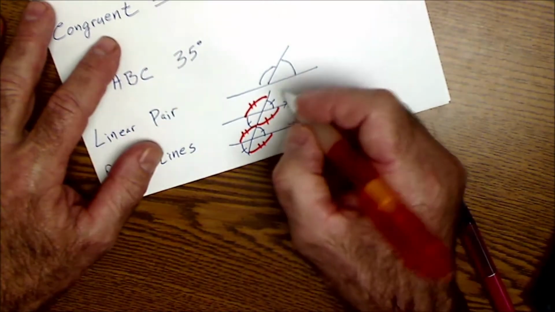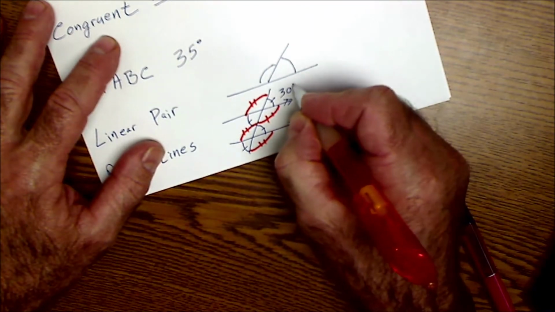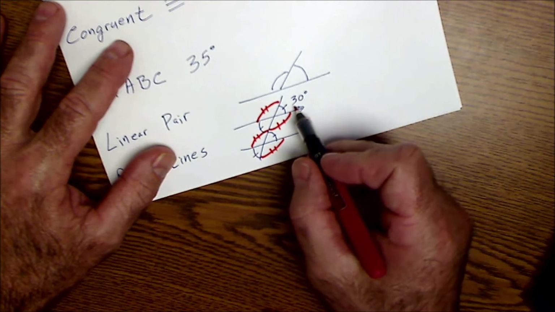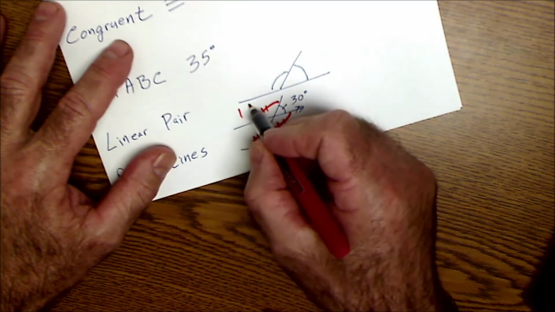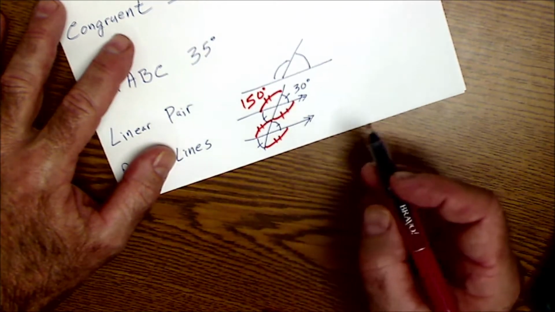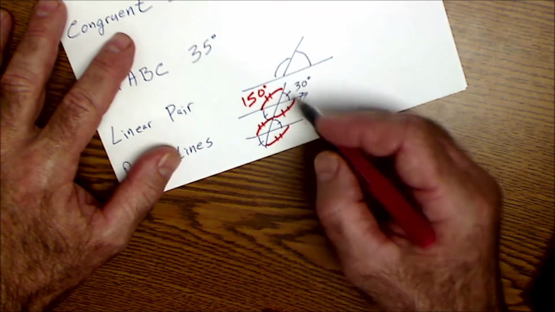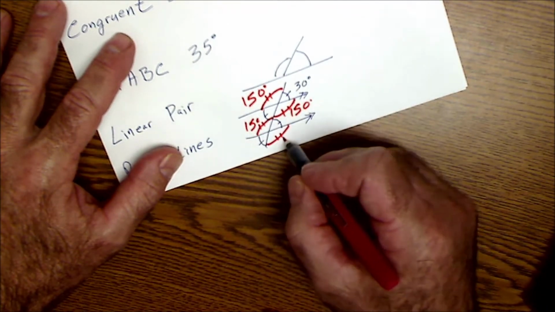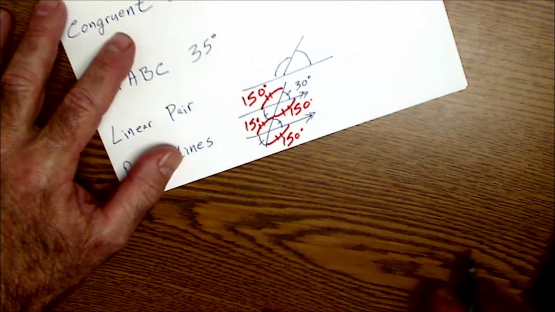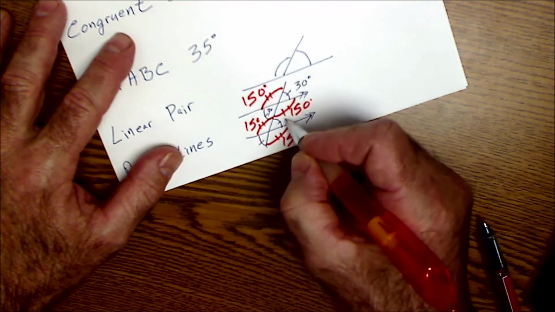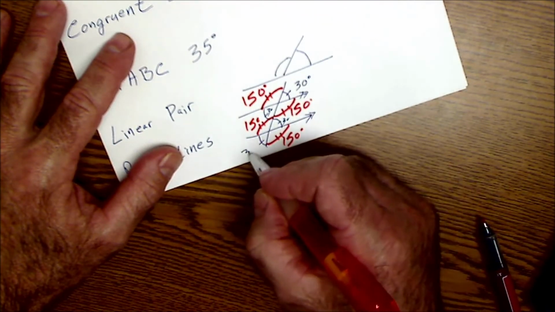If this little blue angle is, say, 30 degrees, that red angle would be its supplement, meaning 180 minus 30 would be the measure of this angle, 150. They would be a linear pair because they add up to 180. If that's 150, this is 150, this is 150, this is 150. All four of those angles are congruent, just like all four of these angles are congruent.